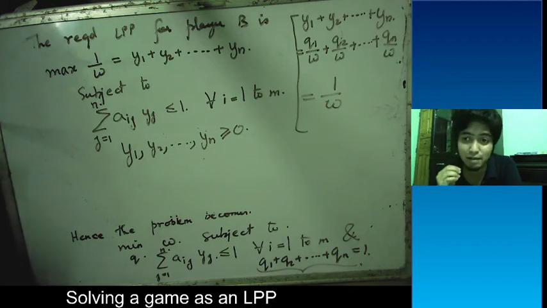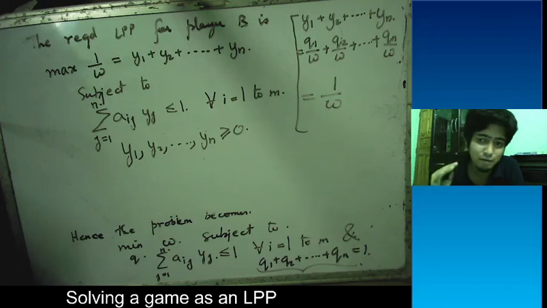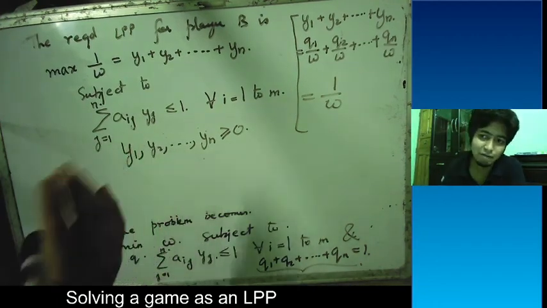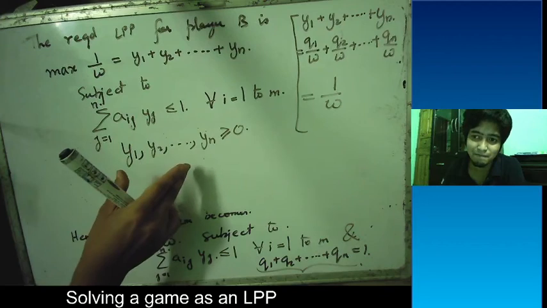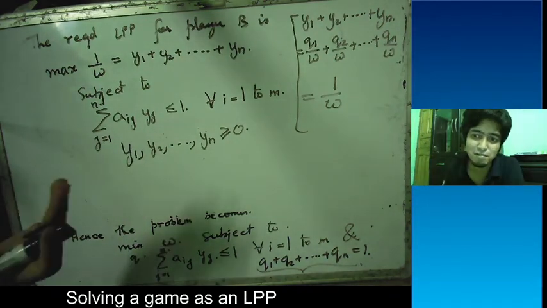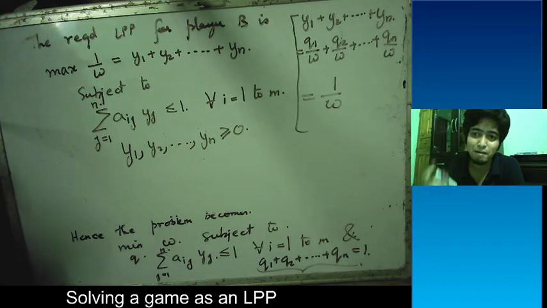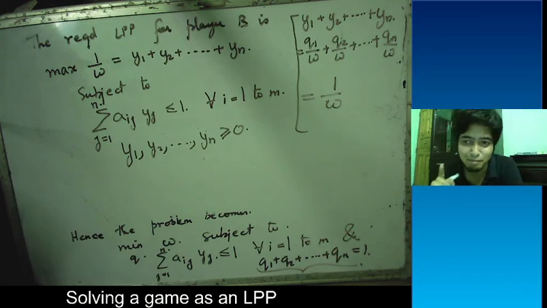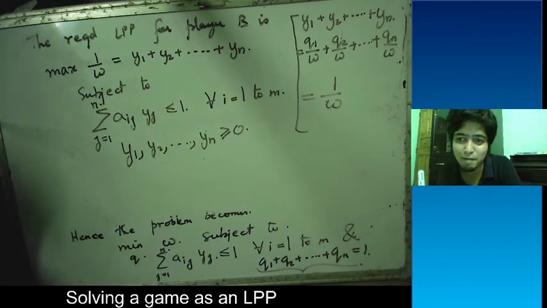So whenever we have to solve a game as an LPP, we will solve it for player B. After getting the solution for player B, we can easily get the solution for player A as well, because the LPP for player A and the LPP for player B are like a primal and a dual LPP.